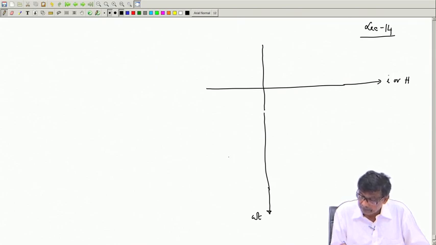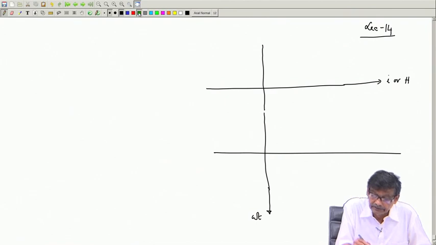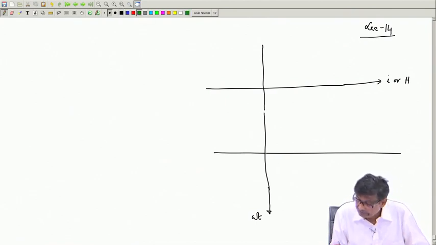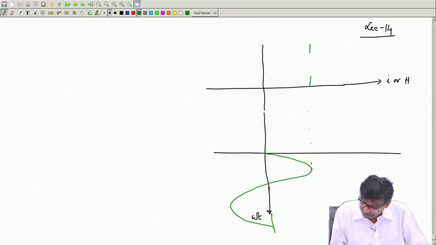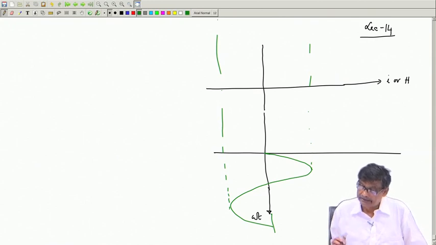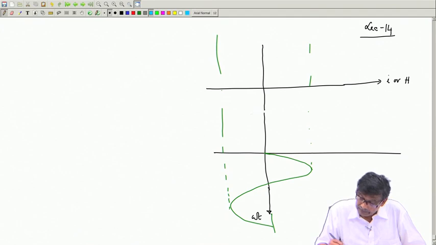Okay, so let it be like this. So, this is the variation of the current. And your BH curve will be like this.